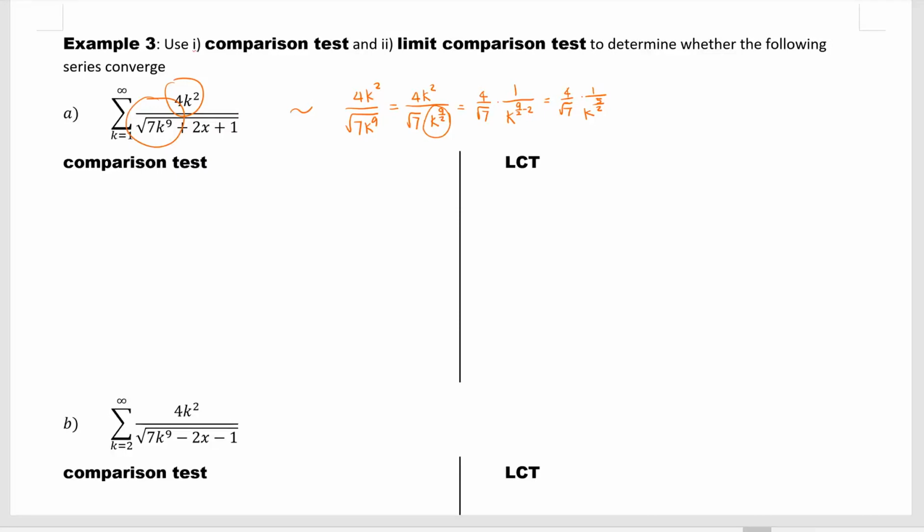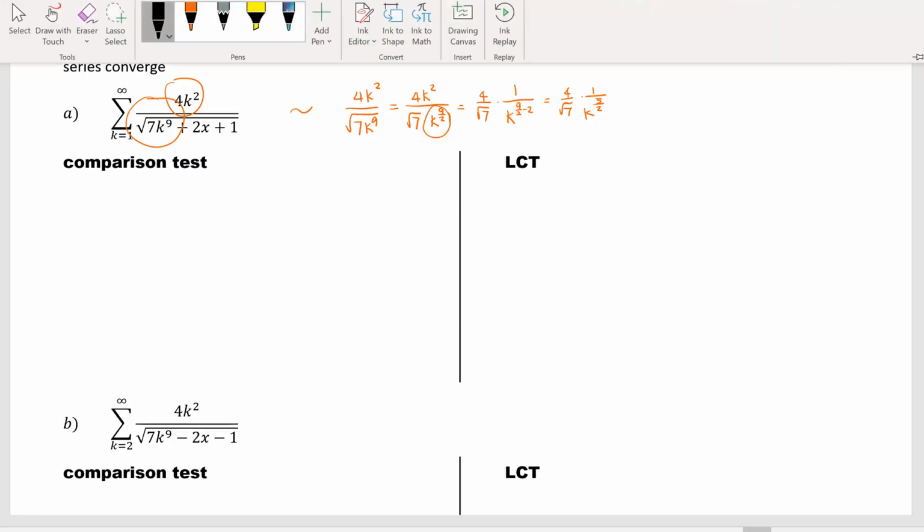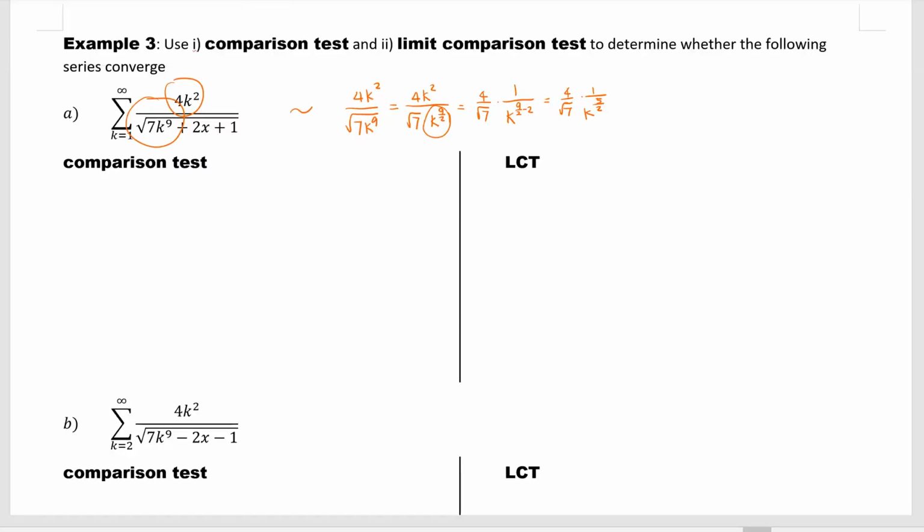By the way, if you do the first step, the limit as k goes to infinity of a_k, because we look at the dominant term, will equal 4 over the square root of 7 times k to the 5 over 2.